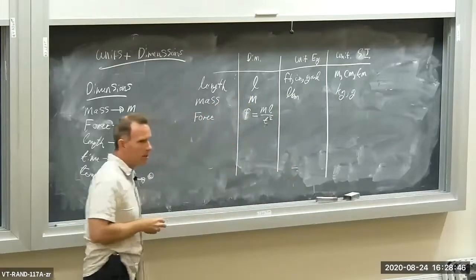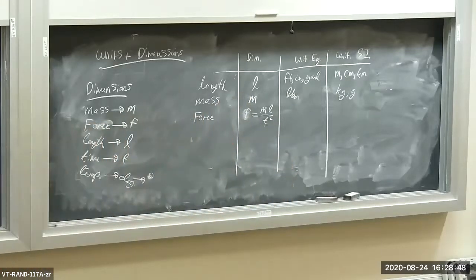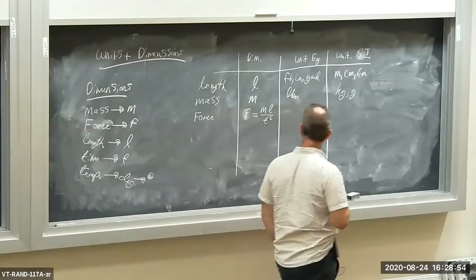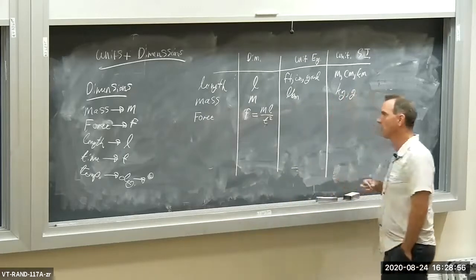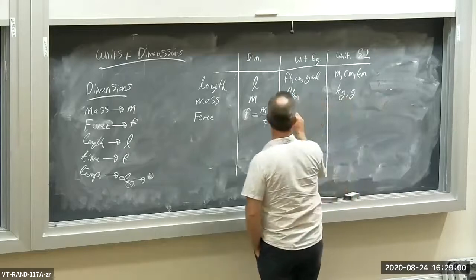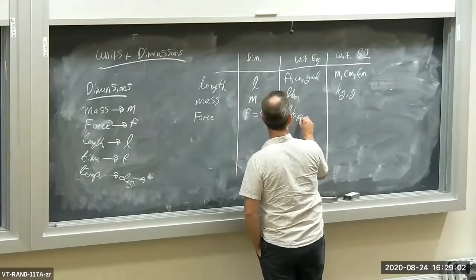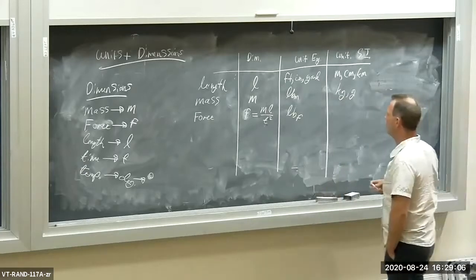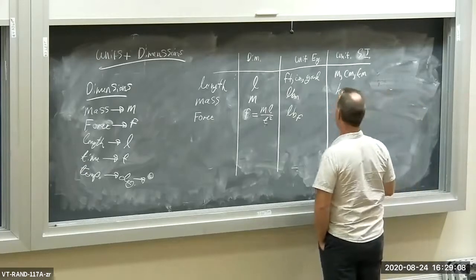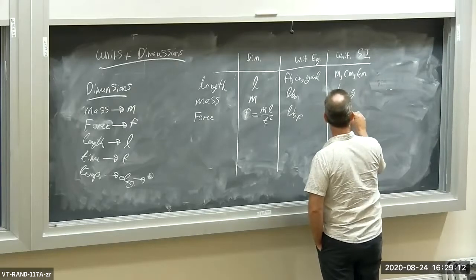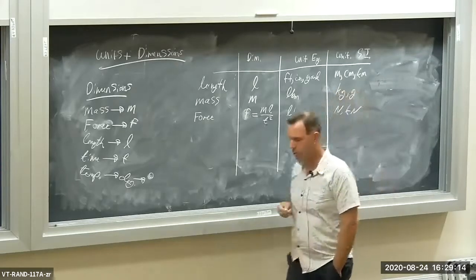So M L over T squared is the resulting dimension for force. The unit on force for English could be a pound force, let's say. And of course, in SI units, we have newtons, N, or kilonewtons.